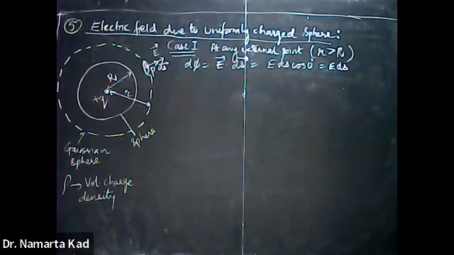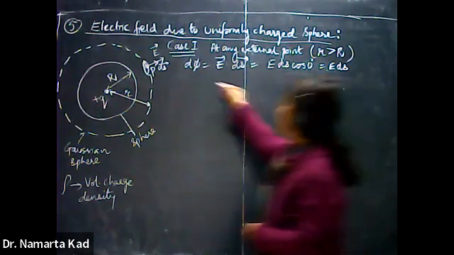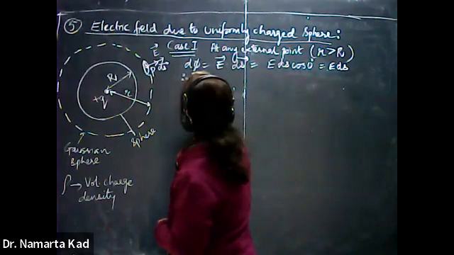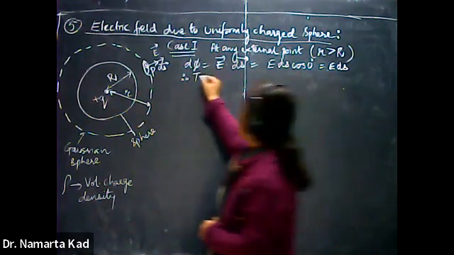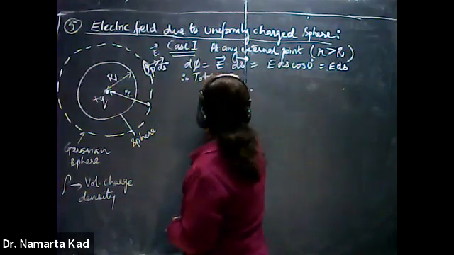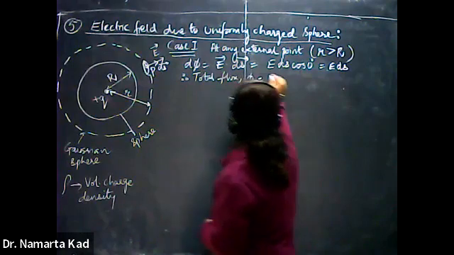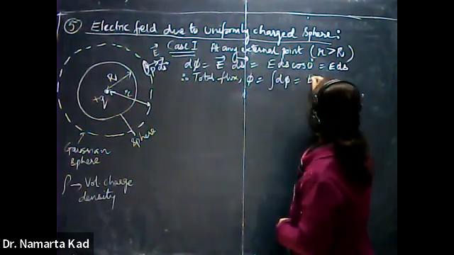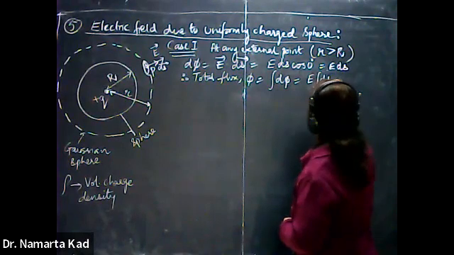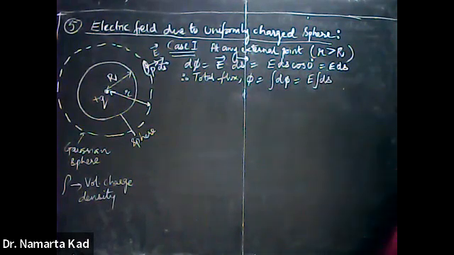Okay, and the total flux now comes out to be, as this is the same as we did in our first application, phi equals the integral of d phi. And what is this?